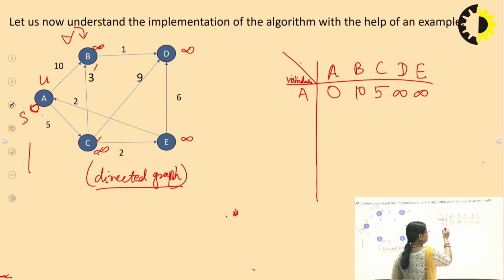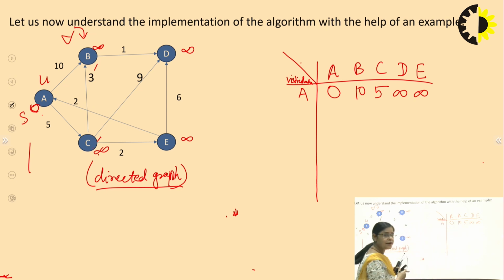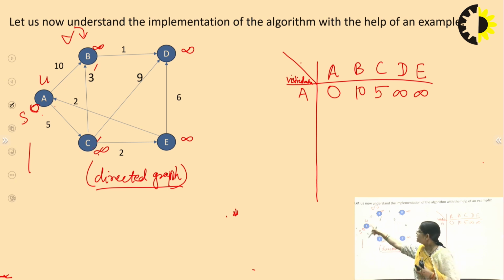In the diagram, there is A to B and A to C, so how do you find out whether we have to take the B vertex or the C vertex? That is the matter. According to this, we find the minimum value, and the vertex that has got the minimum value will be our source vertex for the next step.